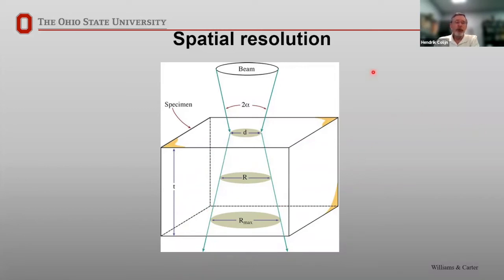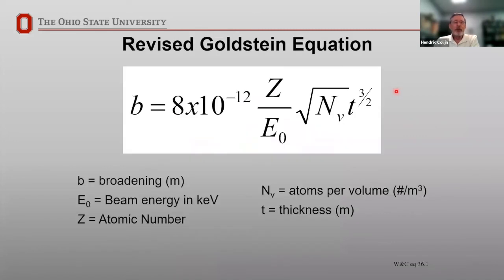Now, you can do a number of calculations, Monte Carlo and so on, to estimate that broadening. But as an easy approximation that you can work out on your little pocket calculator, the Goldstein equation does a very good job of estimating your spatial resolution, where Z is your atomic number, E0 is your beam energy, N is the number of atoms that you're scattering from, and T to the 3/2 is your thickness.